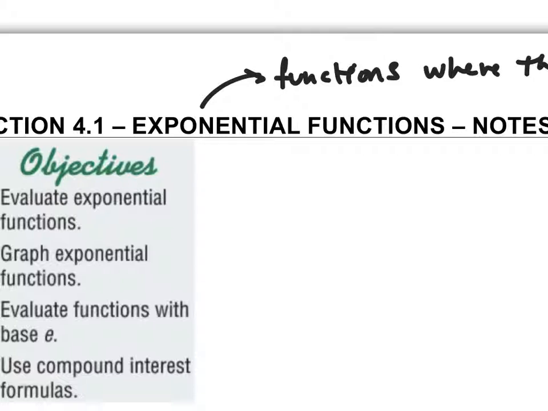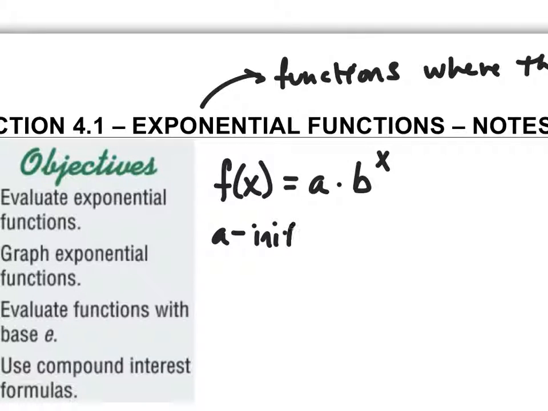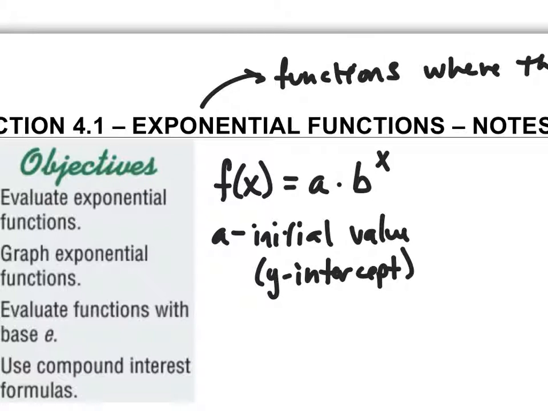So I've got the general form of the function, and let's write this as f of x is equal to a times b to the x, okay, where a is your initial value. It's also going to be your y-intercept, and b is your base. We also call that your multiplicative rate of change.